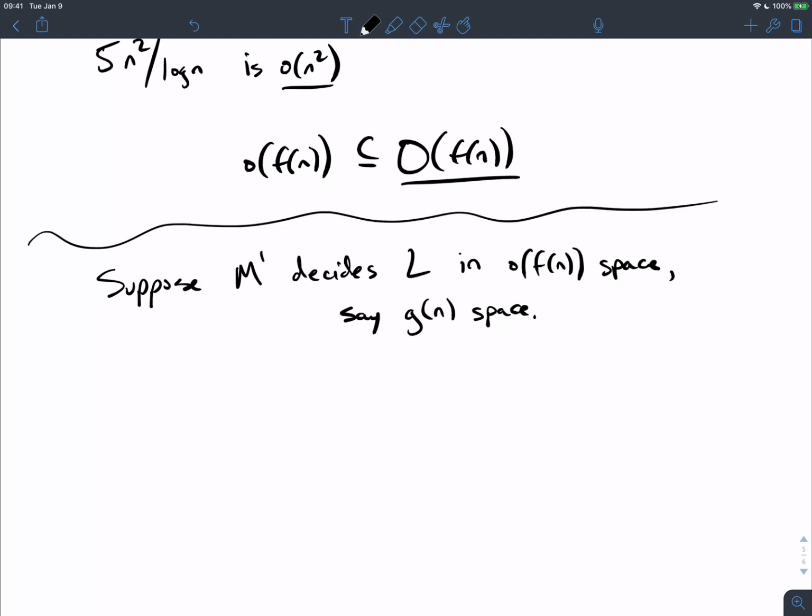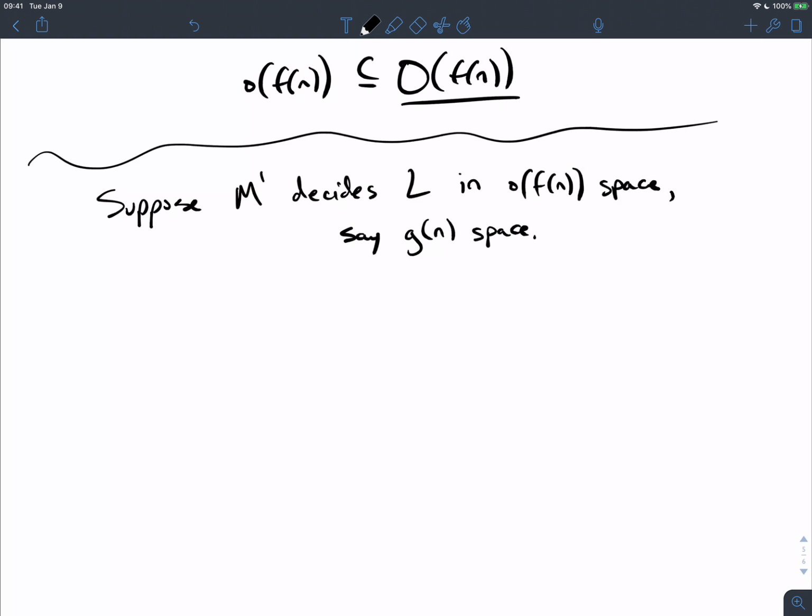Well, remember, what does little o mean? Then little o says that there exists a constant n0, so remember, where, well, we've got to say something about this.